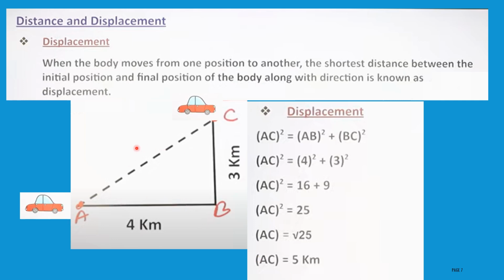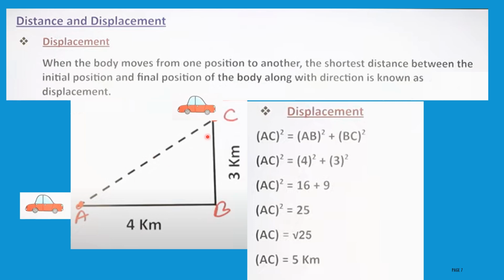This 5 kilometers is nothing but displacement, because displacement is nothing but the shortest distance between the initial position and final position of the car or any object. Even if the car changes its direction or travels in a different path, in the case of displacement we will consider only the initial point and final point.